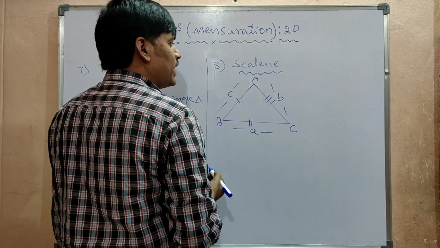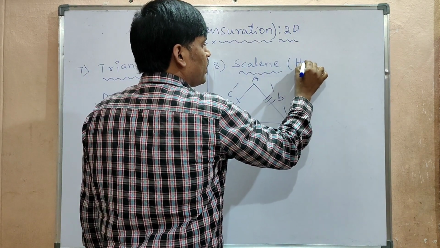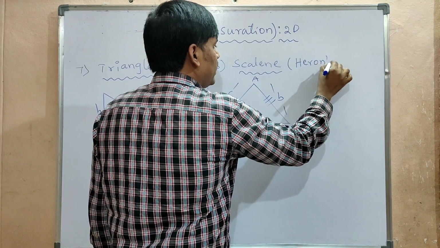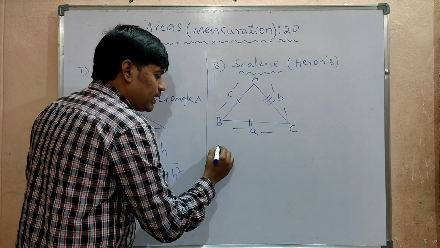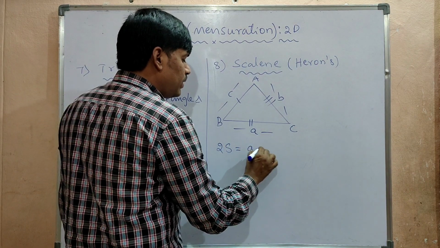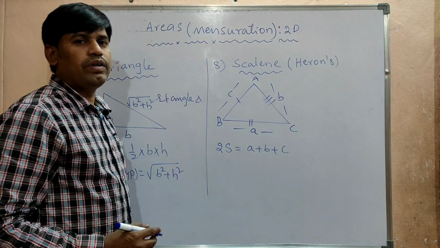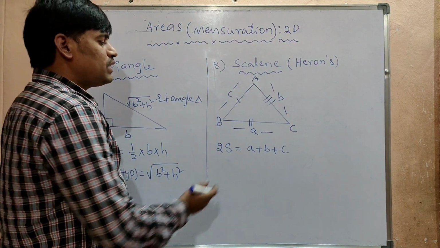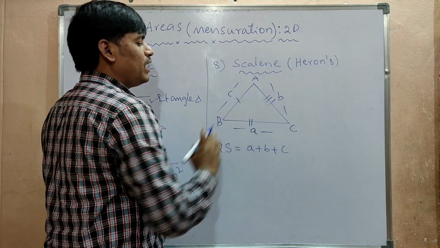Now the scalene triangle area is given by Heron's formula. Here 2s is equal to a plus b plus c. This a plus b plus c is known as the perimeter of triangle ABC.